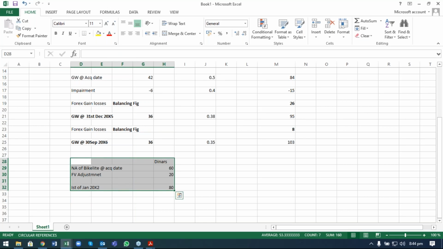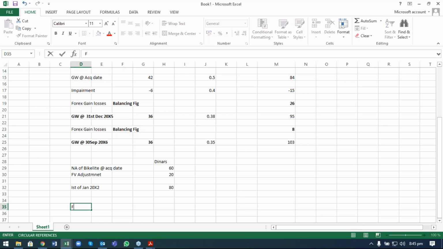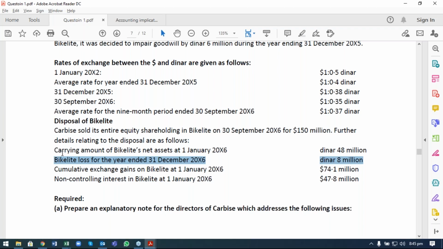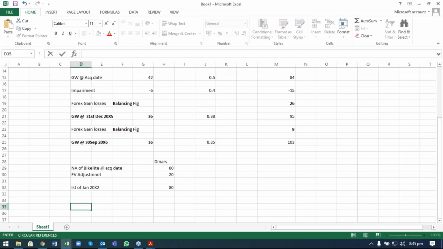But from 1st of January 2002 till 31st of December 2005, there is no data given to you. So what we are going to do, we need to make sure that the carrying amount of Backlight's net assets on 1st January was given as 48 million, right?